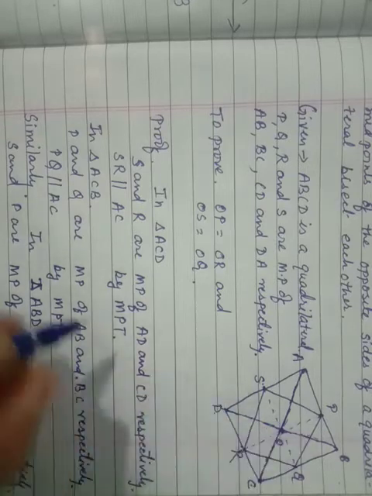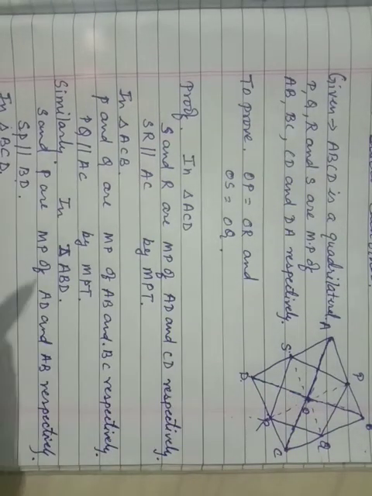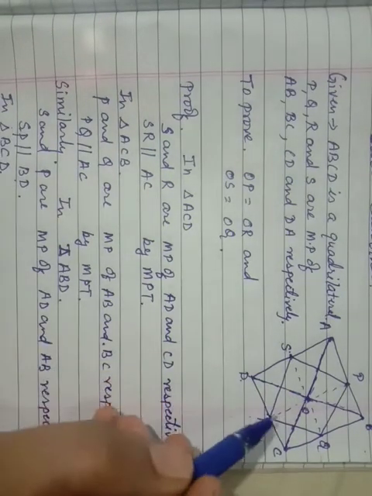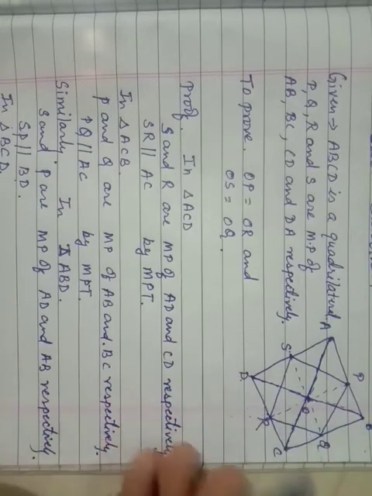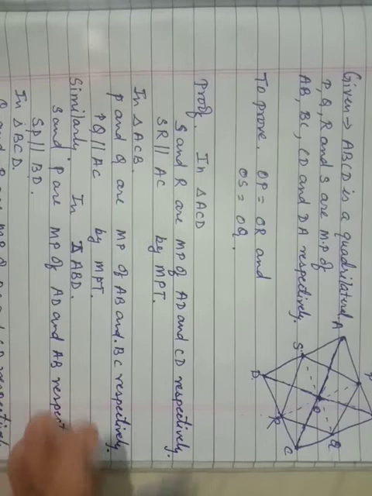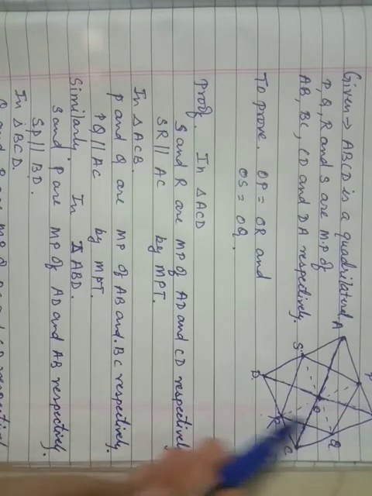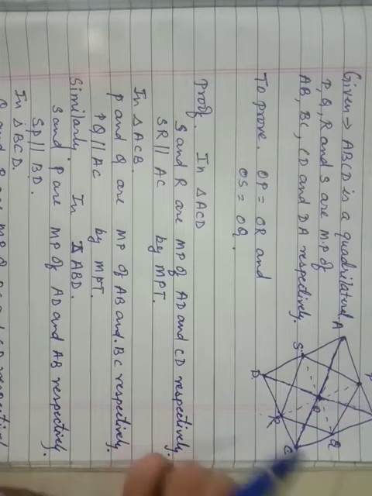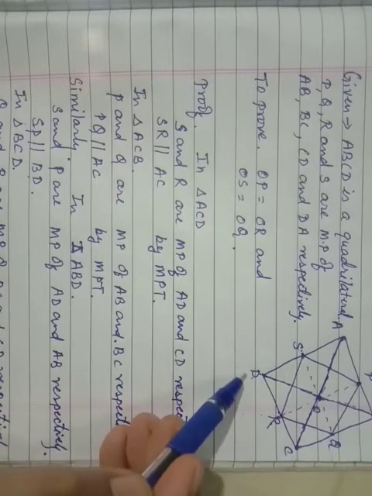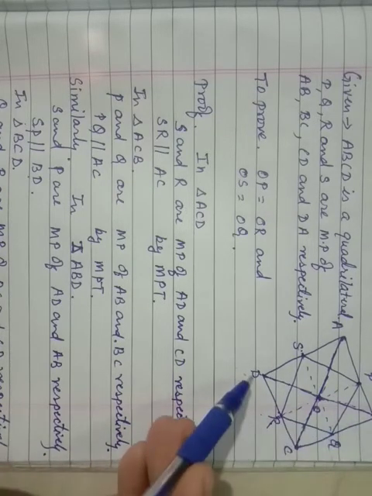So SP is parallel to BD. And if you consider this triangle CBD, here also Q and R are the midpoints of sides BC and CD. So QR is parallel to BD.